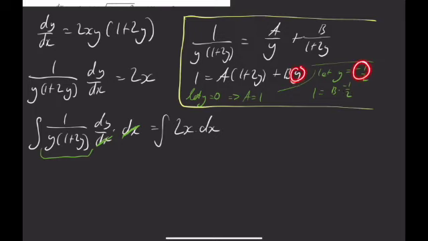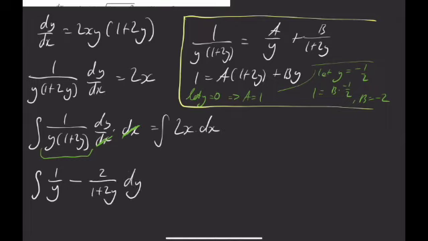That y is negative 1/2. So I get from that b equals negative 2. So I've got my partial fractions numerators, so I can now express them this way. So I get the integral of 1 over y minus 2 over 1 plus 2y dy equals 2x dx.